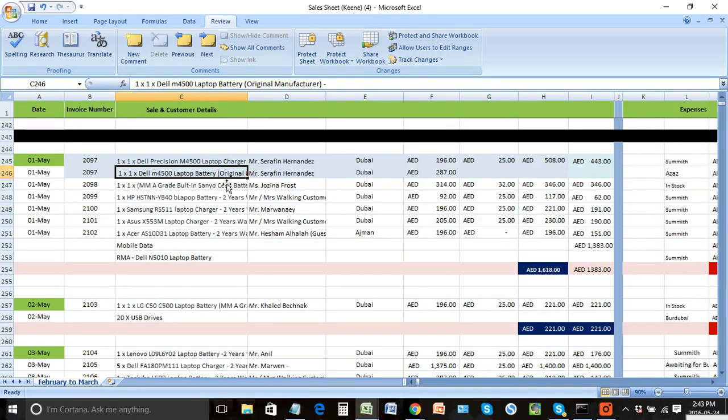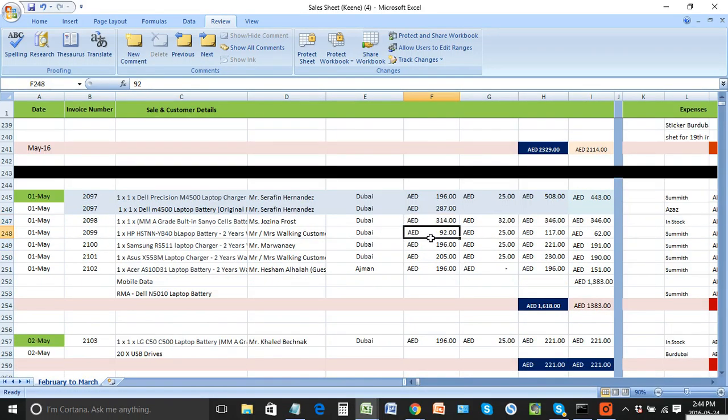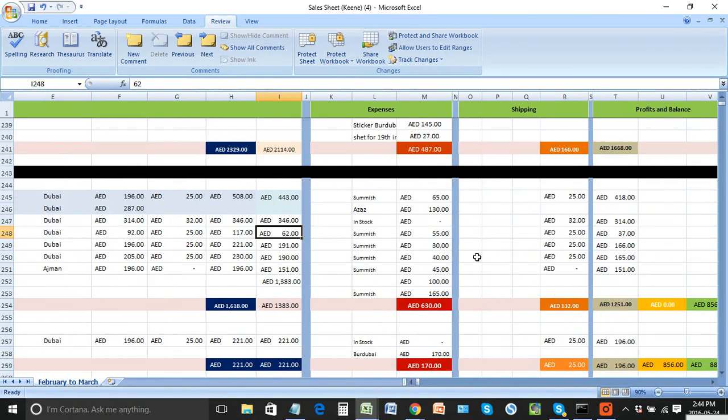When you move into this part, this is the item cost, this is the delivery fee, this is the total, and this will be the profit. However, when you move to this side, I don't find any data like who shipped this item or who delivered this item, and it's very confusing.